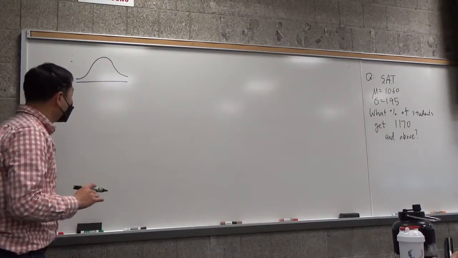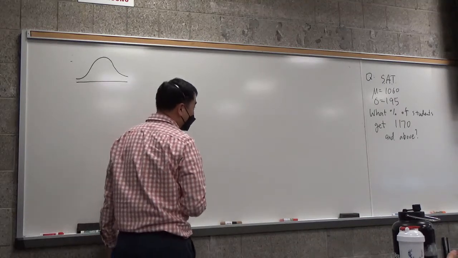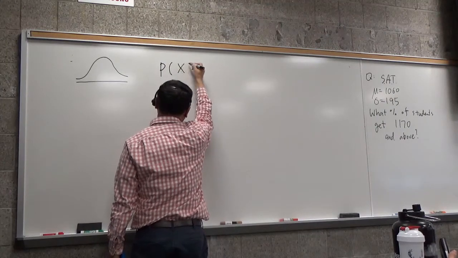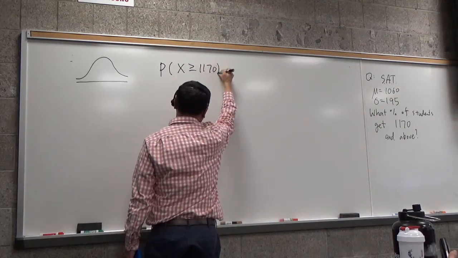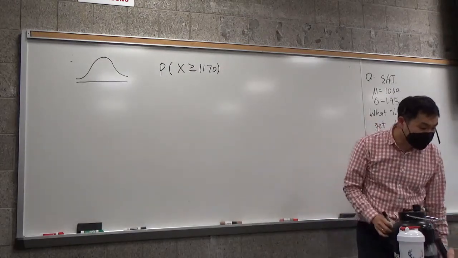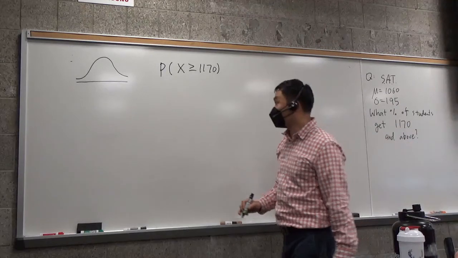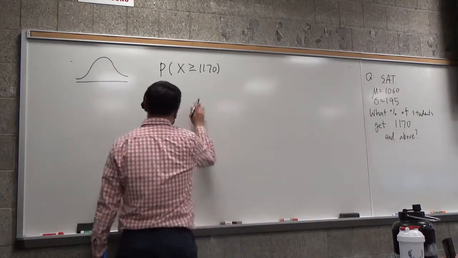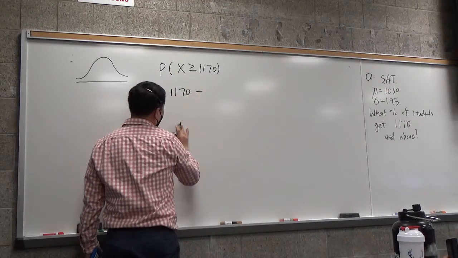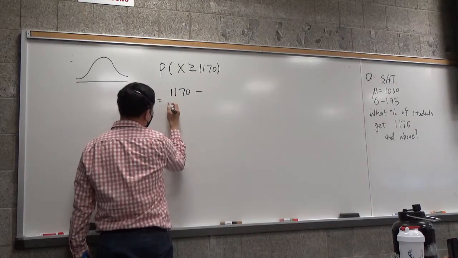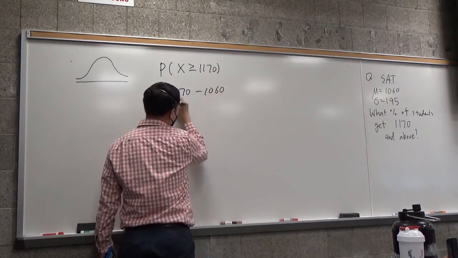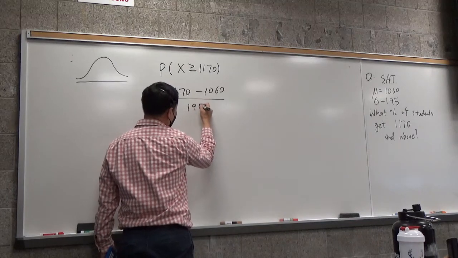Right. So here's what we can do. First, what are we trying to do? We're trying to find a percentage of people that has 1170 or above, right? That's the question, 1170. Now you have to translate this 1170 into the z-score: 1170 minus 1060, the mean value, divided by the standard deviation.